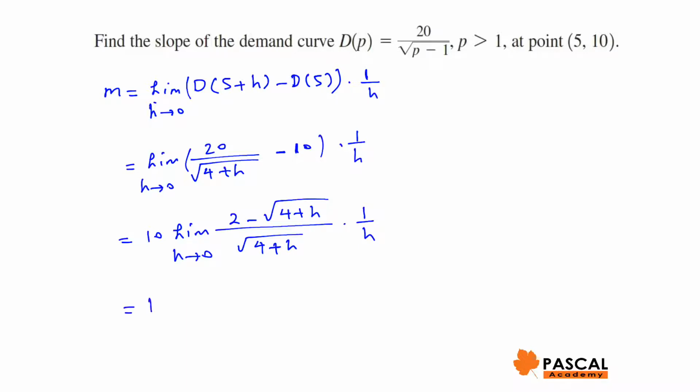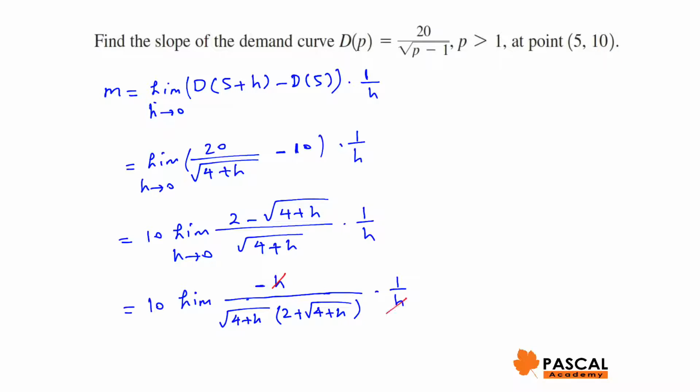To find the limit, we rationalize the numerator of the fraction, which gives negative h divided by square root of 4 plus h times (2 plus square root of 4 plus h), times 1 over h. 2 minus square root of 4 plus h times its conjugate is 4 minus (4 plus h), which is minus h.